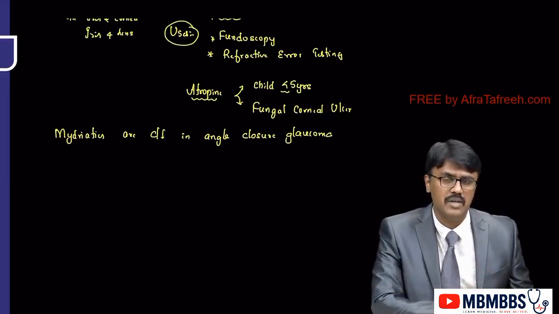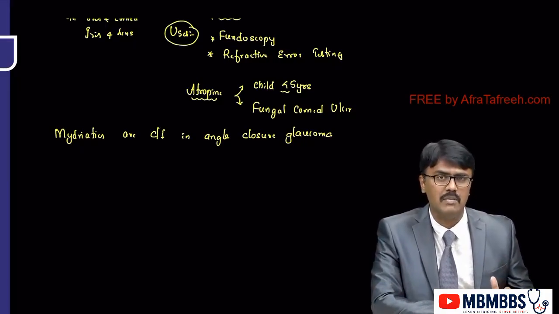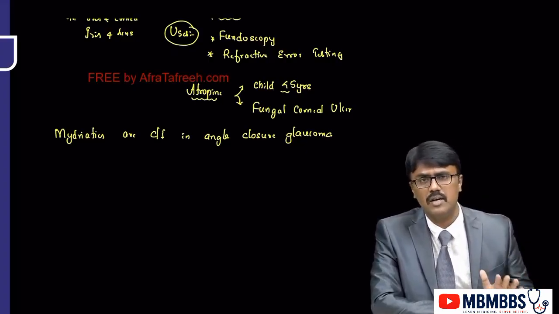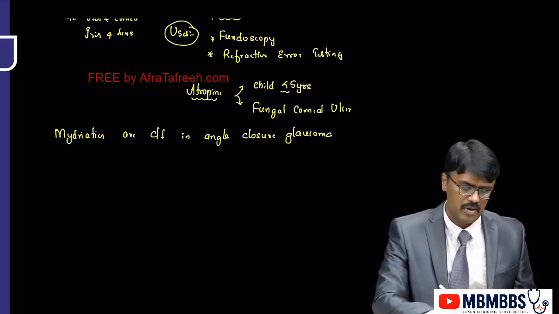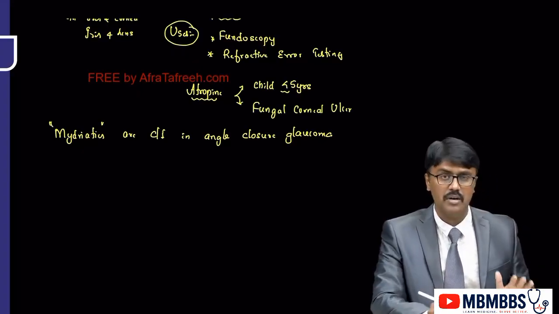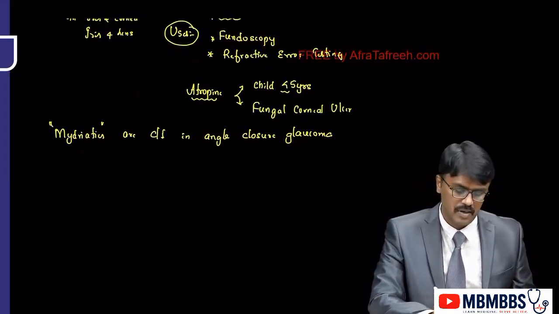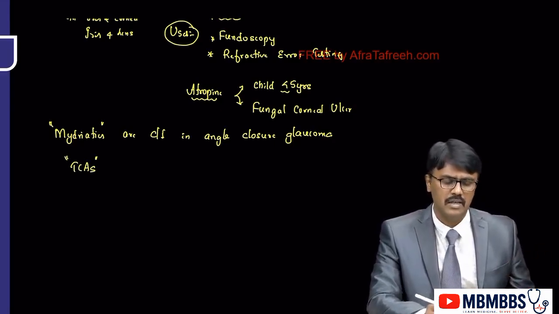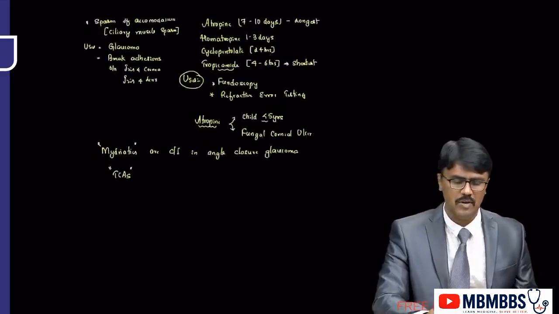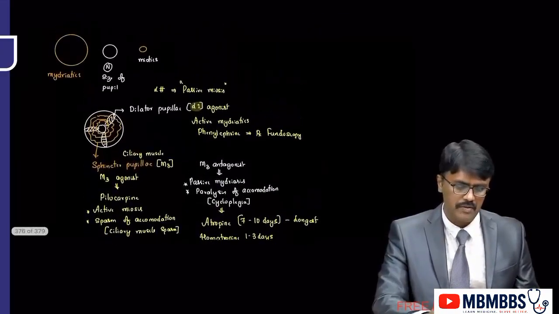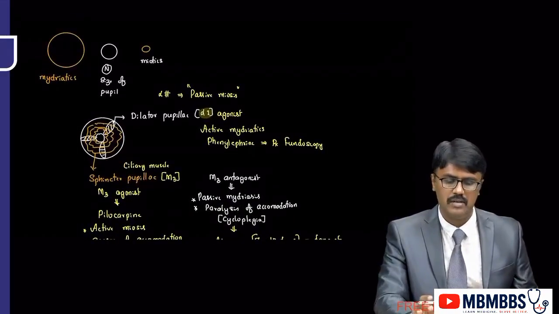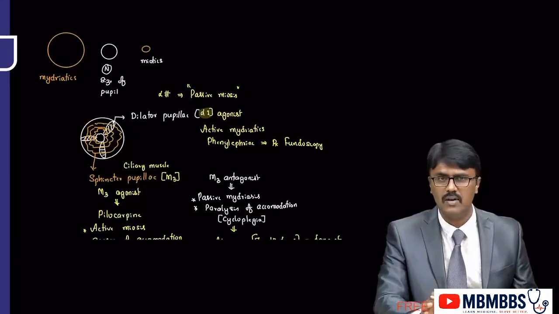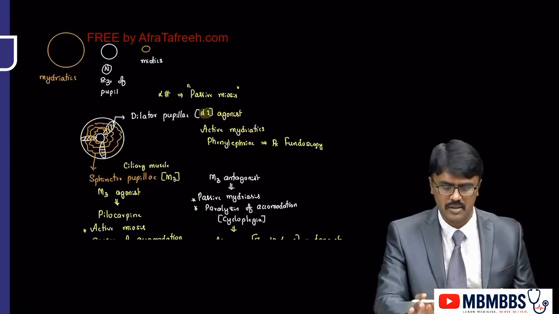They are going to cause mydriasis and they will close the angle between the iris and cornea, and they can precipitate acute congestive glaucoma. So very, very important point: mydriatics, particularly with anticholinergic property. For example, tricyclic antidepressants have anticholinergic property. They can also precipitate it, like the atropine group of drugs. Very, very important point. So in this video, I have told you the difference between mydriatic and meiotic, and what are the drugs called active, passive, and all those things.